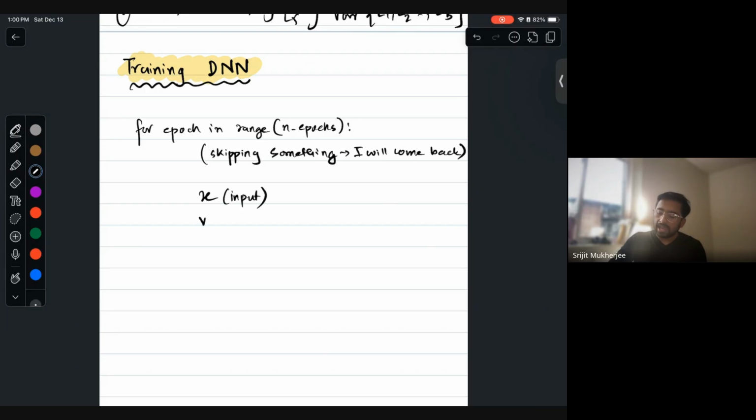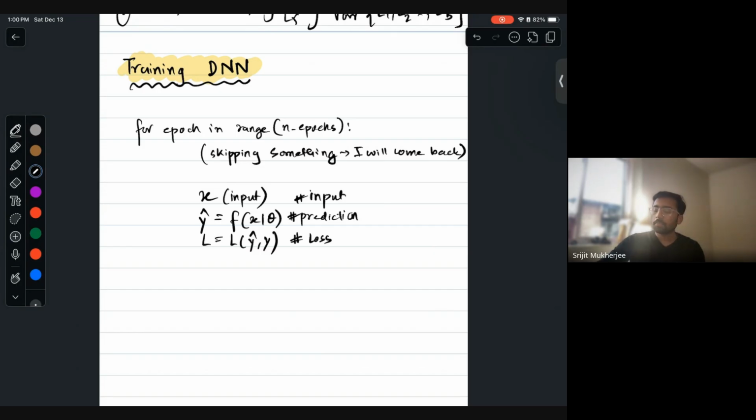You have a Y hat, which is a function, and then you calculate the loss, Y hat comma Y. This is the prediction, this is the input, this is the loss. We will come to this again later tomorrow.